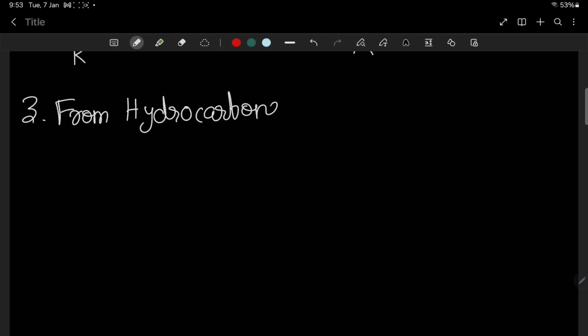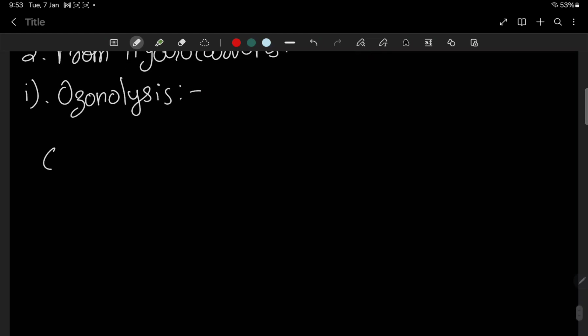Now the third one is from hydrocarbons. In the hydrocarbons chapter, you learned one of the most important reactions of alkenes, that is ozonolysis. Using ozonolysis, we can prepare aldehydes and ketones. Very simple. We just take an example.